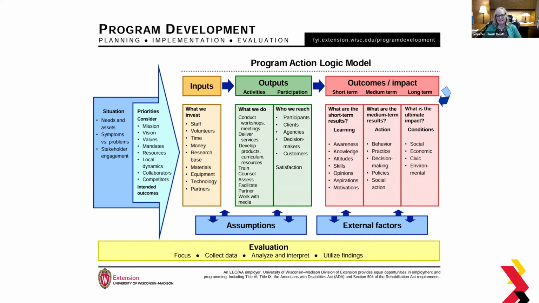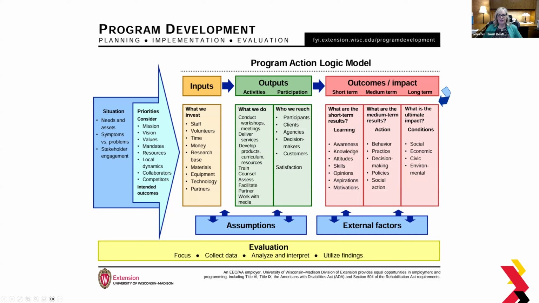We're going to talk about logistics, but I feel like this piece has to be talked about because everything does hinge on when you're developing a program that you're developing it from the outcomes backwards, really. So what is it that you're trying to achieve with your participants? What are those short-term results, and what are ultimately the long-term results?